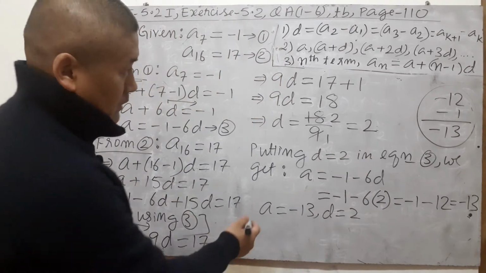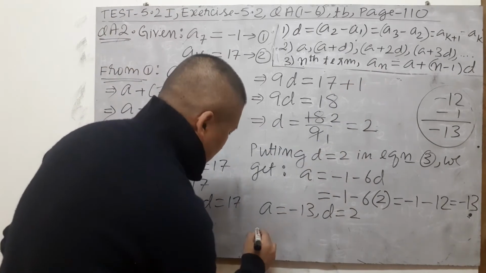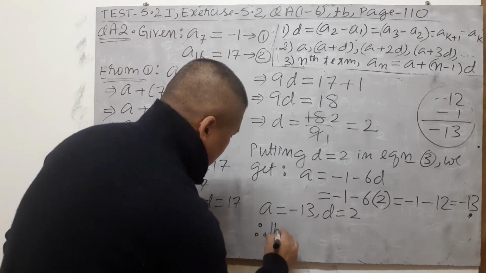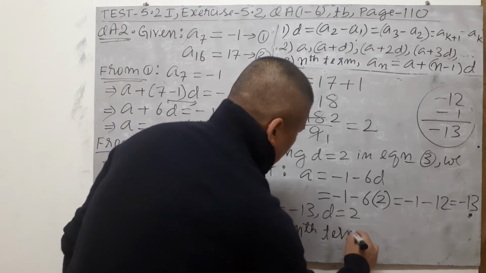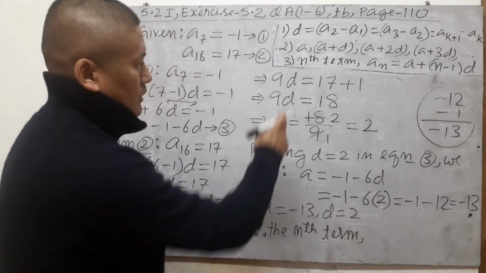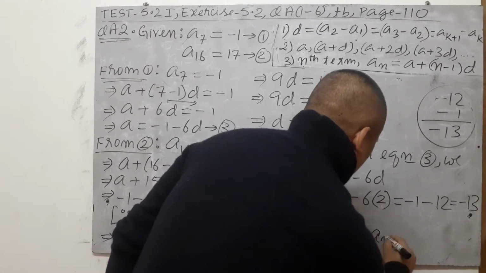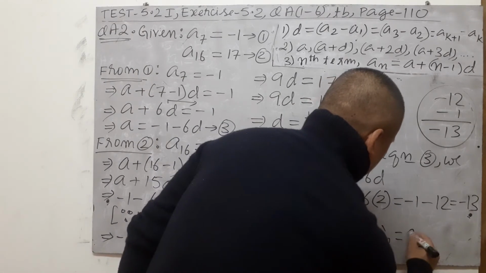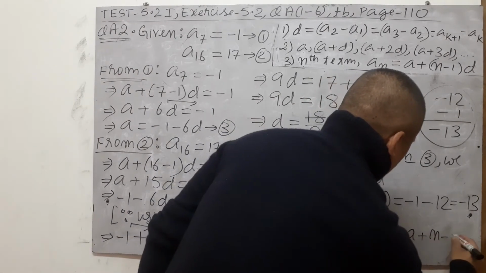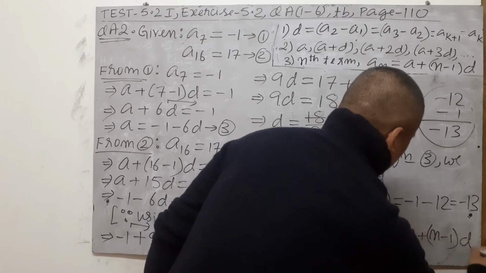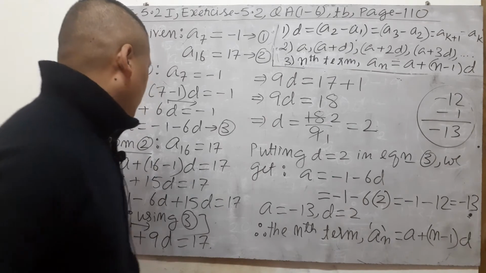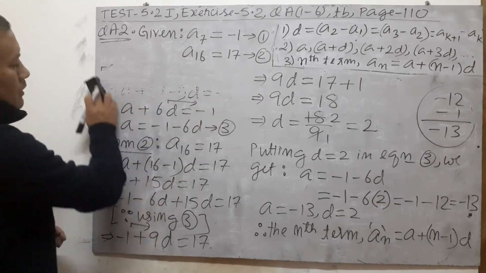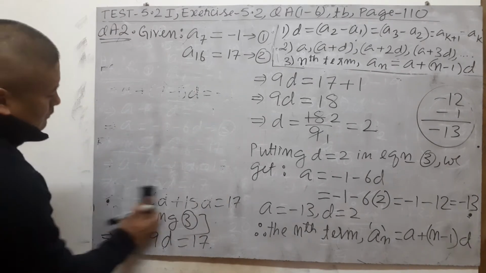So if we have a and d, we can apply this formula to get the nth term. Therefore, the nth term formula, and the question is asking for that, the nth term, which is denoted by an, is equal to a plus n minus 1 into d. Just write using the same formula. So that will be equal to, I think we can complete it.